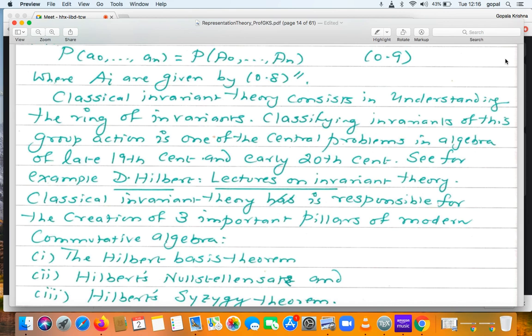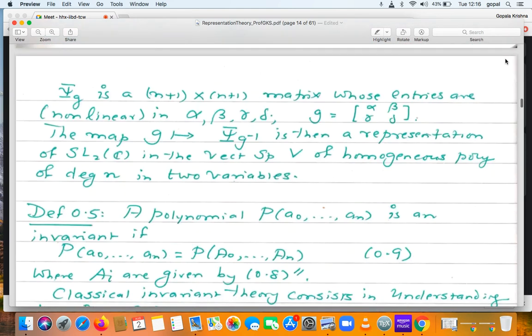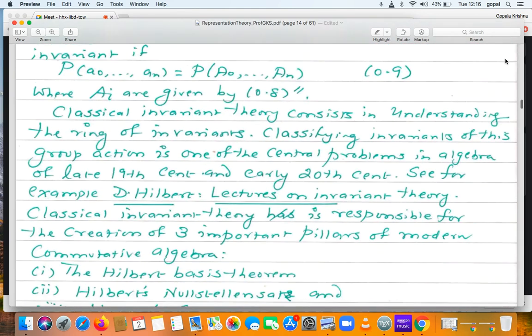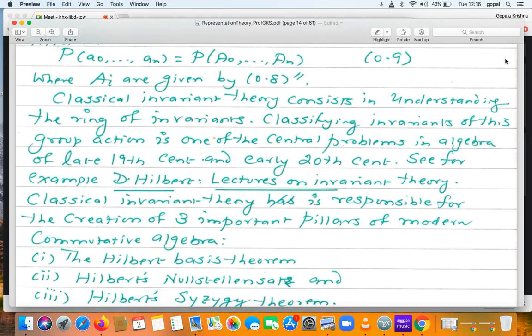What about this problem? SL2C invariance, this example. What are the polynomial invariants? And is the ring of invariants finitely generated as a ring? These were very, very big questions. In fact, Paul Gordan proved that the ring of invariants is finitely generated.